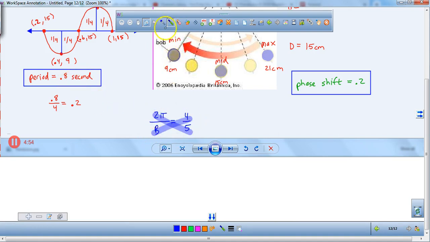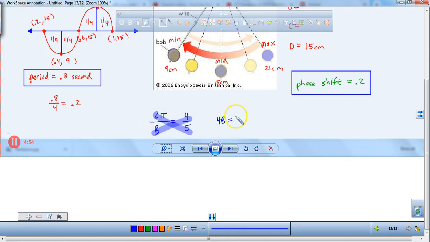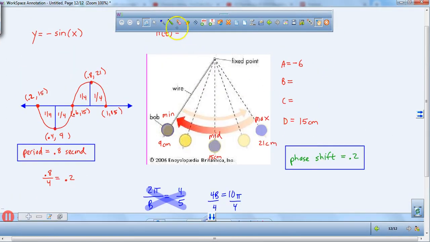When I cross multiply, I get 4 times B equals 10 pi. All right? And when I divide both sides by 4, I get B equals 5/2 pi. Now I have my B value. So my B value right here is going to be 5/2 pi.